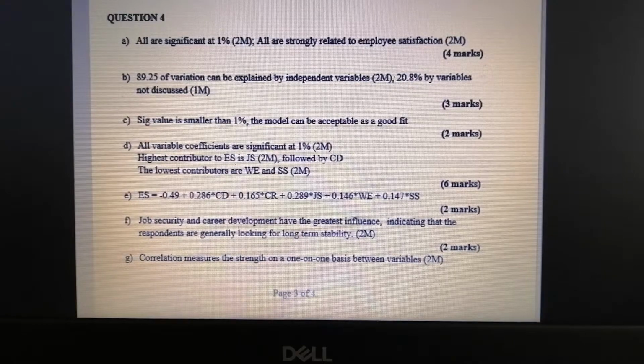Okay. Now, this is from SPSS's output data. As you can see, this is SPSS's output data.